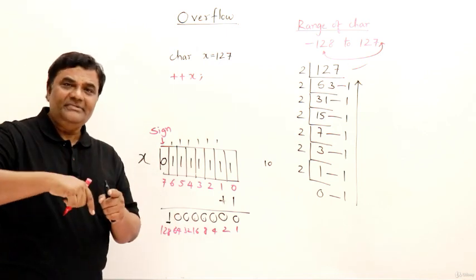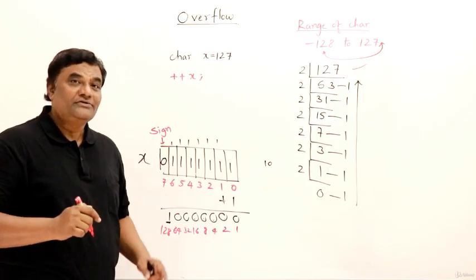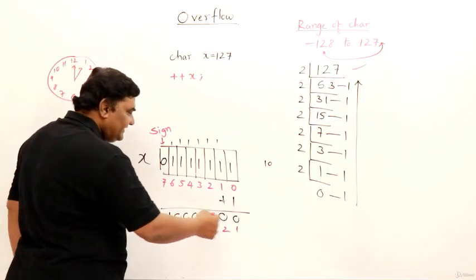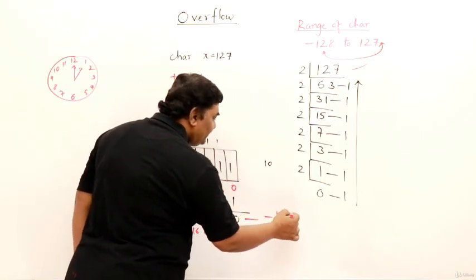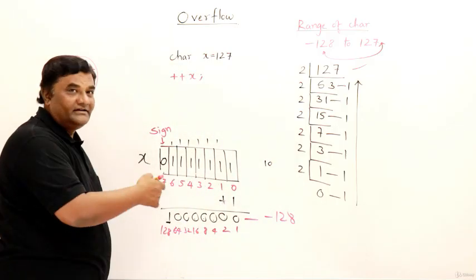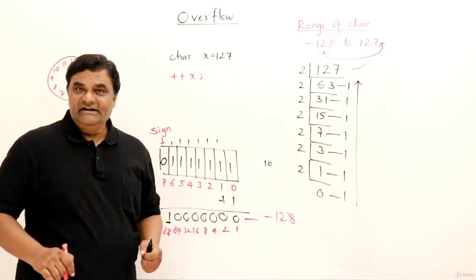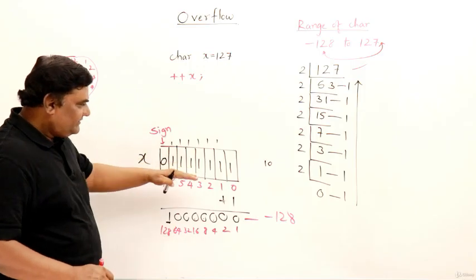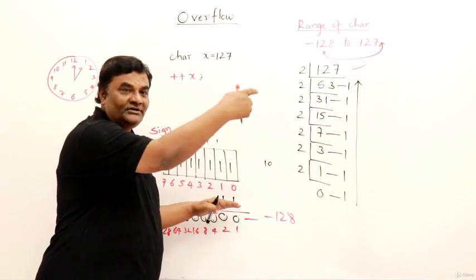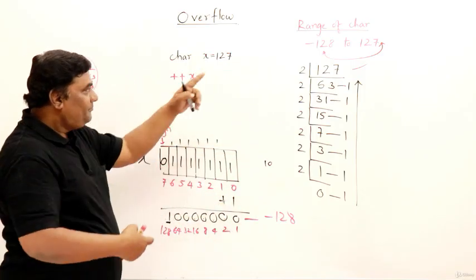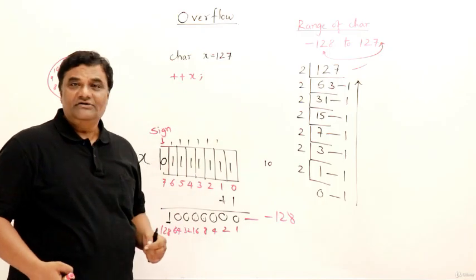And also the same bit is acting as the sign bit. So it is minus 128. See, this is how it became. Magically it has come to minus 128. We were at 127, then we tried to go to the next value and it has come down to the beginning of the range, that is minus 128.